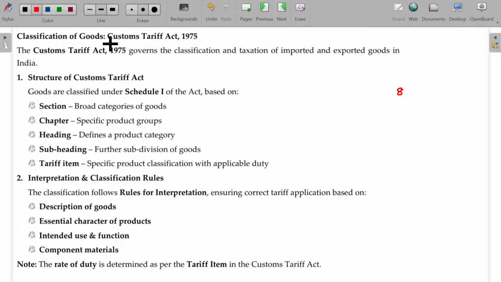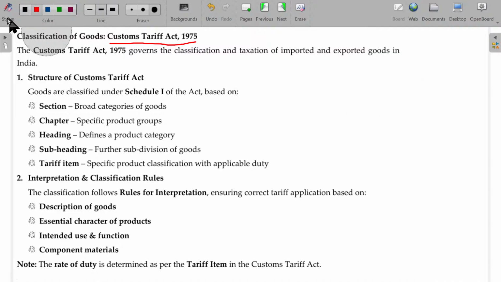For that, you have to refer to the Customs Tariff Act 1975. So the classification is borrowed from the old act only, not the new one. Earlier, when we studied excise duty, we also had this Customs Tariff Act for the classification of the materials we manufacture and sell.